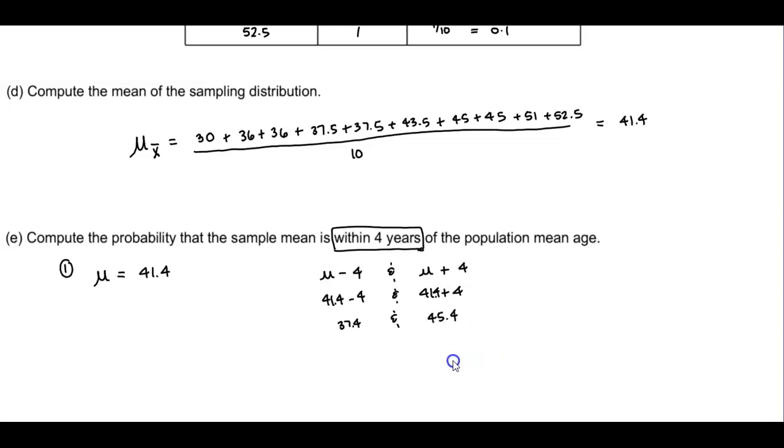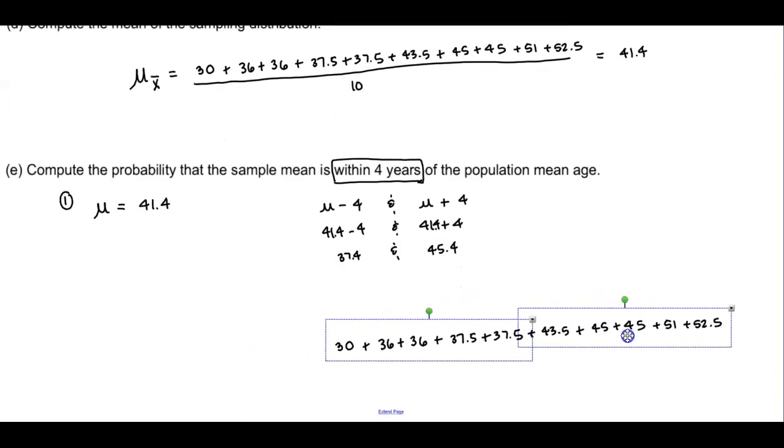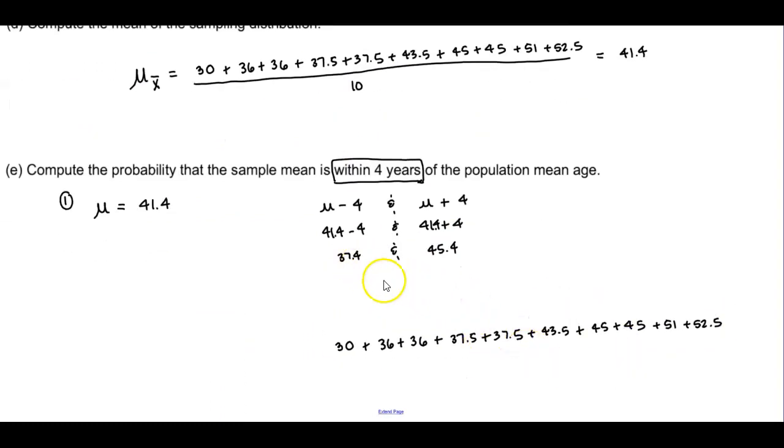So what we want to do is look at the sample means, and that's all of these here. Let me copy those. We want to pick all the numbers that fall within these two values. So what does that mean?